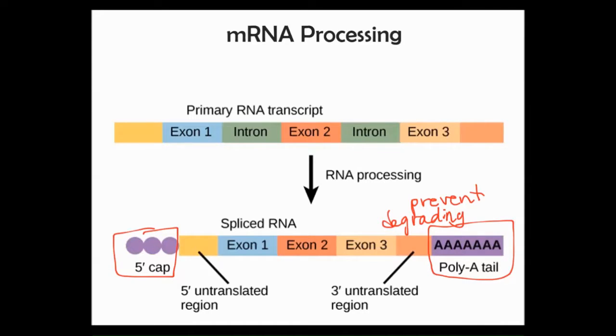In general, that's the purpose of our messenger RNA processing. We want to make sure that we have some stability for our messenger RNA and that we're preventing degrading of it. We also know that it can aid the transport of our messenger RNA out of our nucleus and toward our cytoplasm.